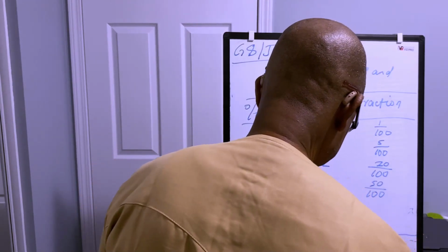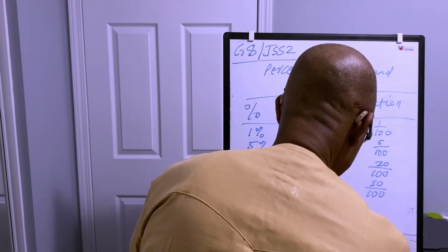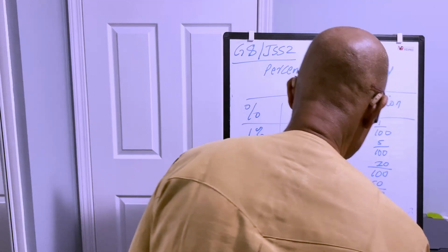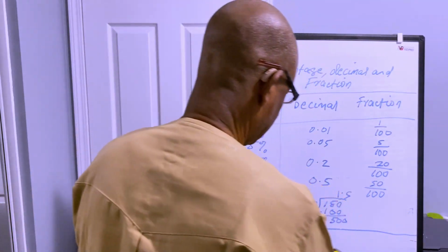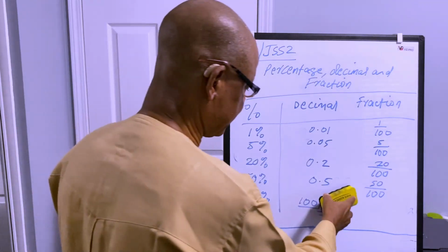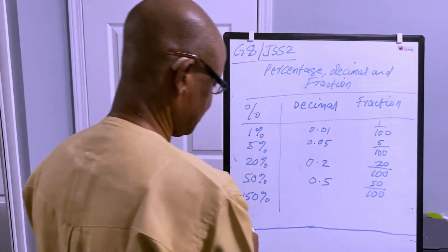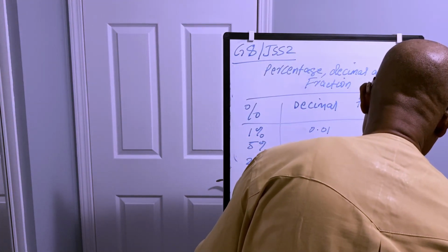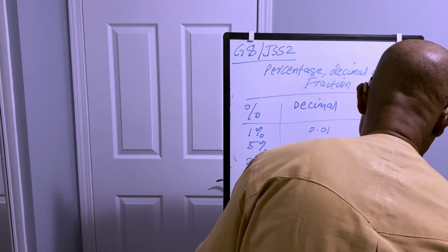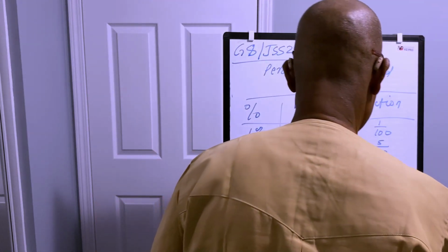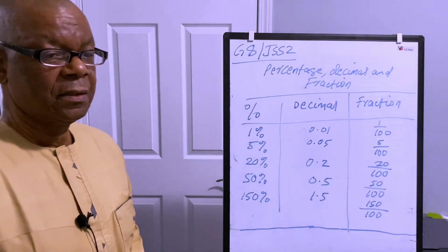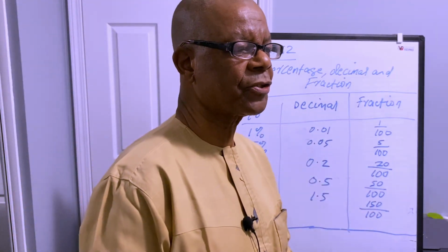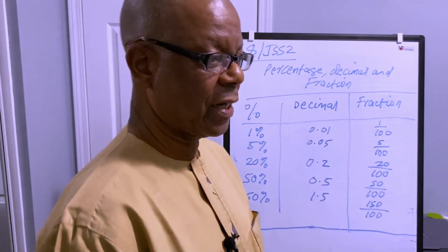You add 0, put your point here, add 0 to this 50 to give you 500. 500 divided by 100 is 5. So 150% is 1.5 as a decimal fraction. And that is 150 divided by 100. This is as it concerns our percentage, decimal fraction, and ordinary fraction.